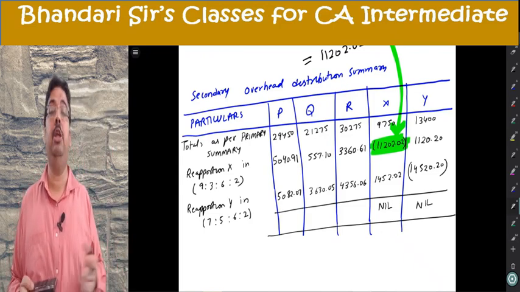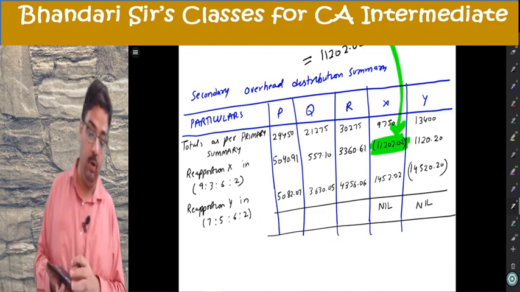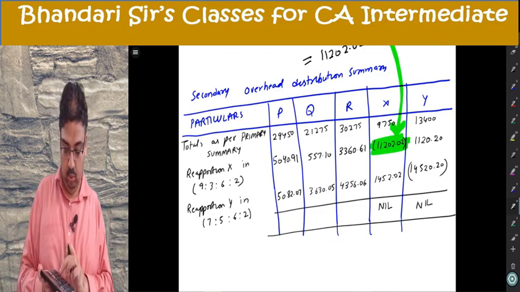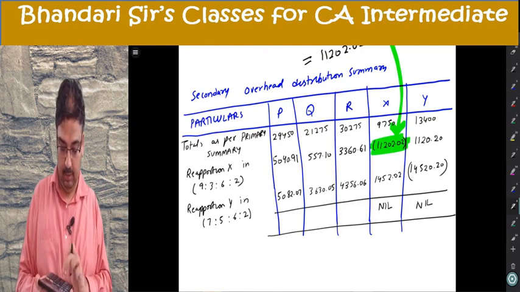The totals of P, Q, R are my answer that will be used further for computing overhead absorption rates. 29450 plus 5040.91 plus 5082.07.